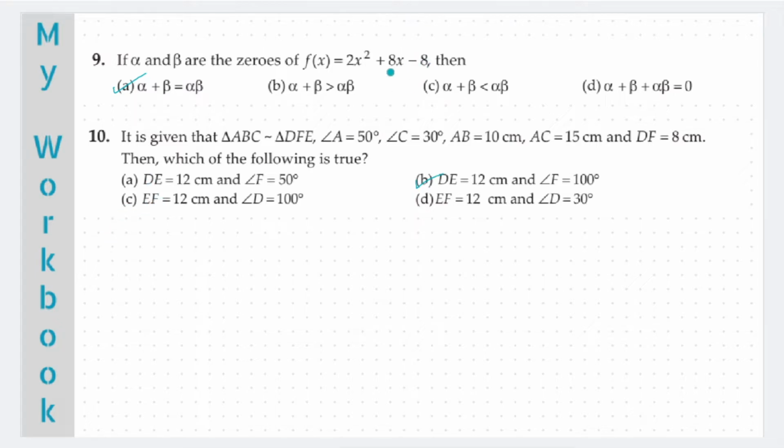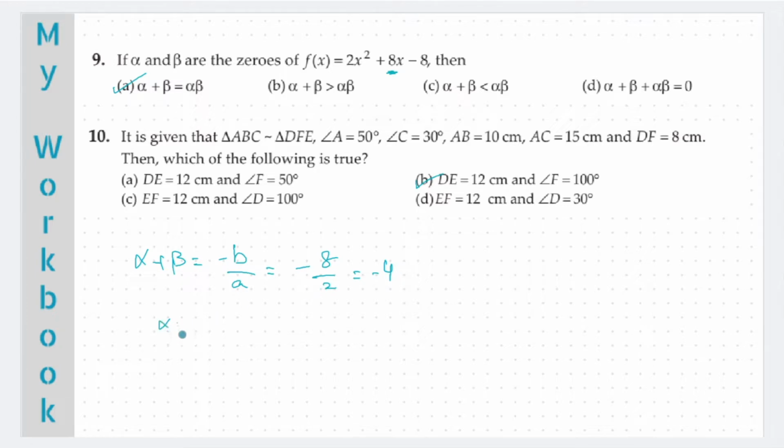It's given that alpha and beta are the zeros. So the sum of the zeros, alpha plus beta, is given as minus b by a, where b is the coefficient of x and a is the coefficient of x squared. So minus b by a is minus 8/2, which is minus 4.